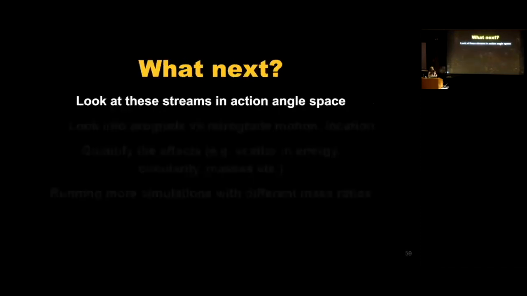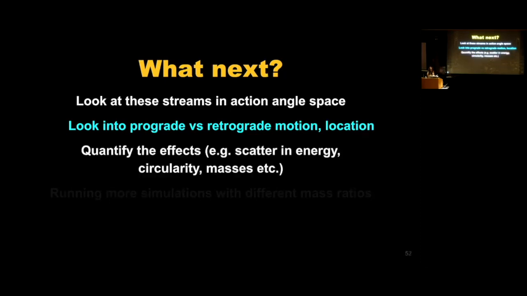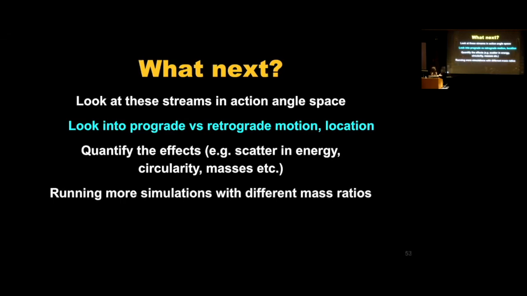In future, what we can look into to achieve these goals is to look at these streams in action angle space and look into prograde versus retrograde motion and the location of the streams near where the merger event happens, which we already started looking into, and quantify the effects of scattering on energy, circularity, and masses, etc. And again, running more simulations with different mass ratios for the satellite galaxy.